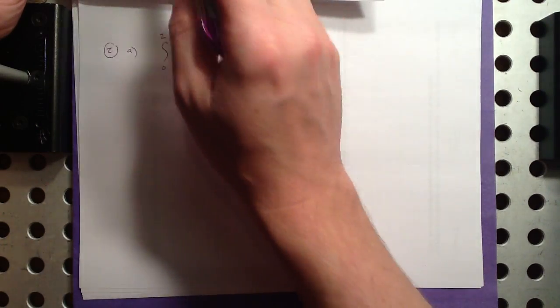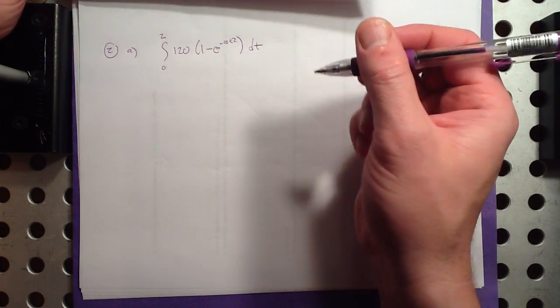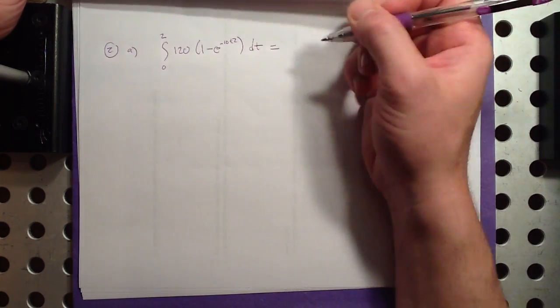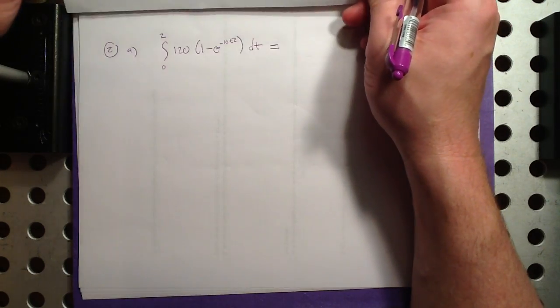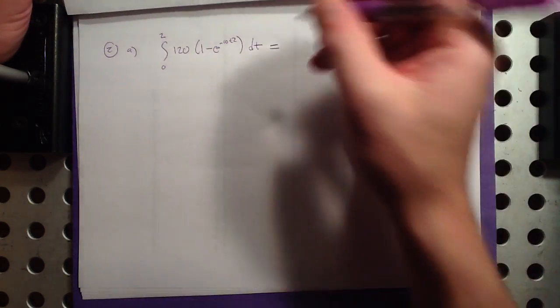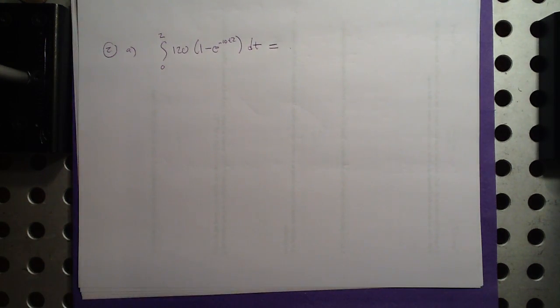Since this is speed, we should figure that's always positive. You could put absolute value signs around there if you were really nervous, or you could look at the graph and see that it's always positive.